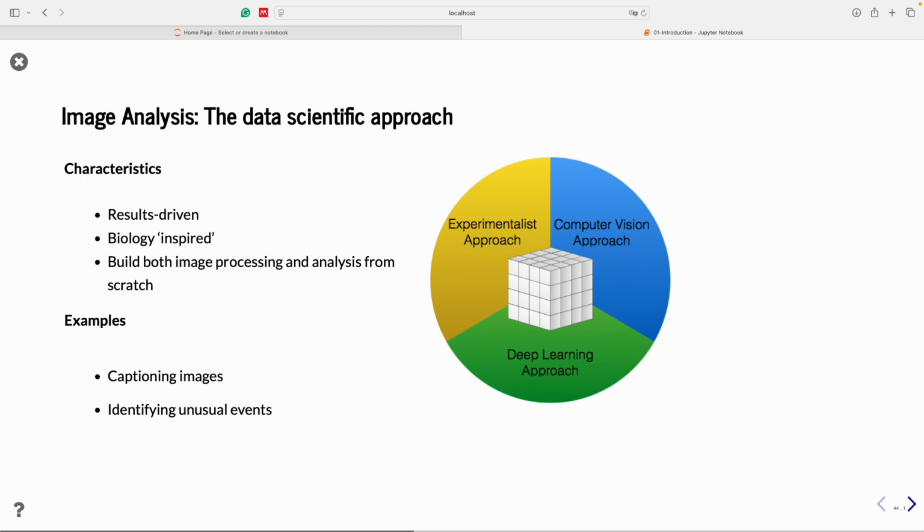That could be, for example, image captioning. So it sees an image, this is a cat, this is a dog, or something. Or identifying unusual events could also be an idea. And biology inspired is meant just that the learning procedure of these machine learning methods is a little bit what's actually happening up in the brain.